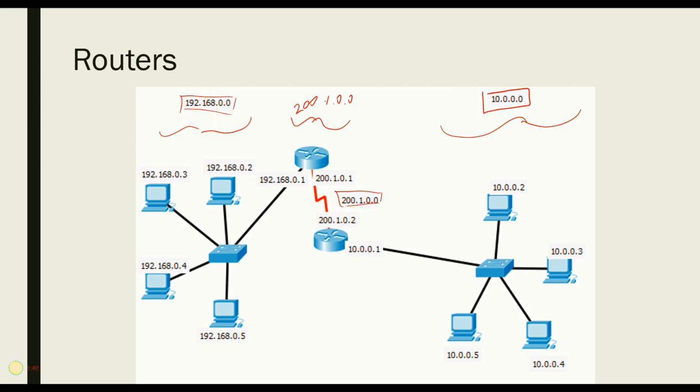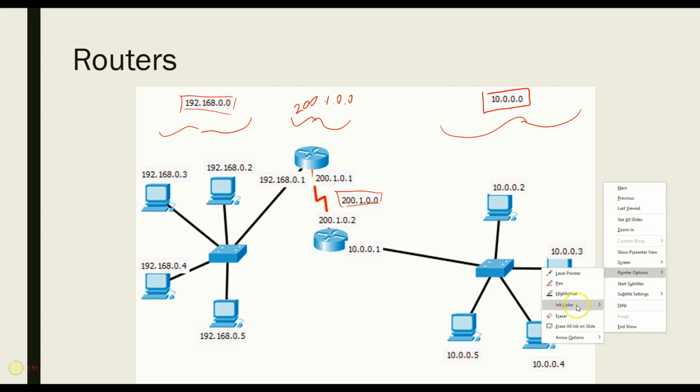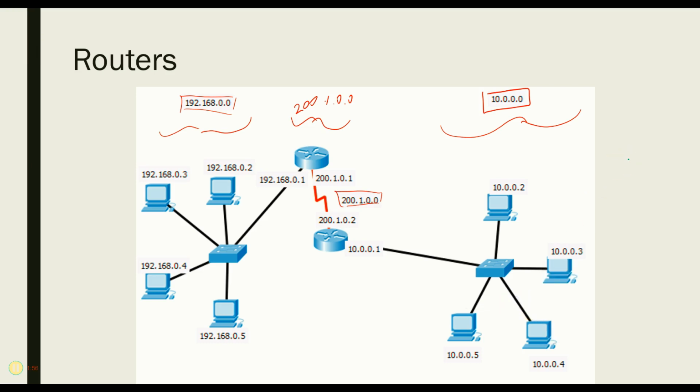Now, if you'll notice, every router interface on a network has an IP address that belongs to that network. Let me switch colors here so that we don't get everything confused. I'll just go with a green color. You can see that I have an interface right here with the address 200.1.0.1, which is an IP address on this 200.1.0.0 network.